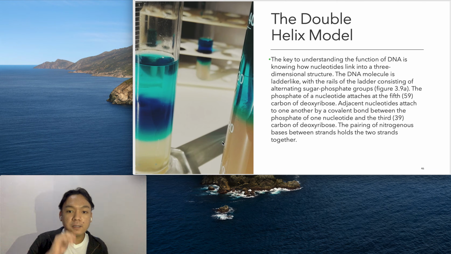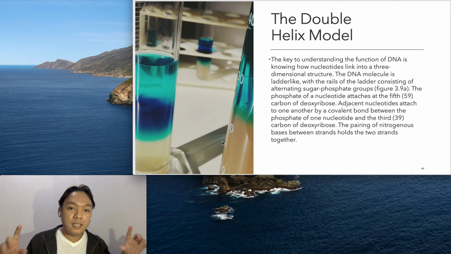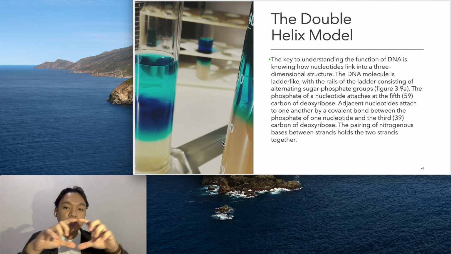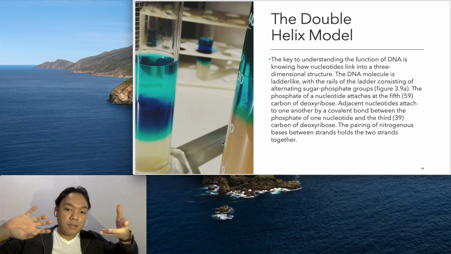So the double helix model is not a twisted ladder. Maybe if you have undergone a model activity in your high school or grade school, you were asked to create a model of your DNA. It's like a straw model, where you pair the ATCG, then you twist the ladder.